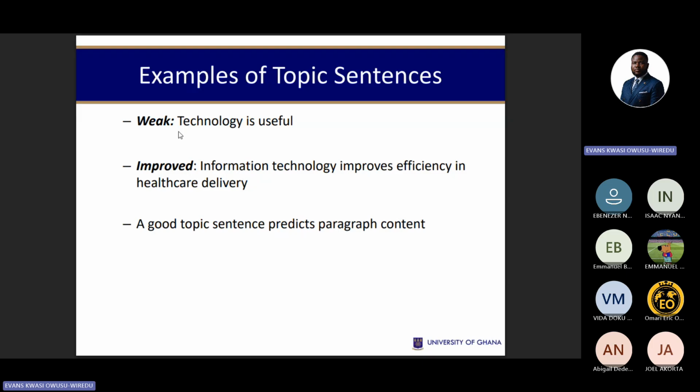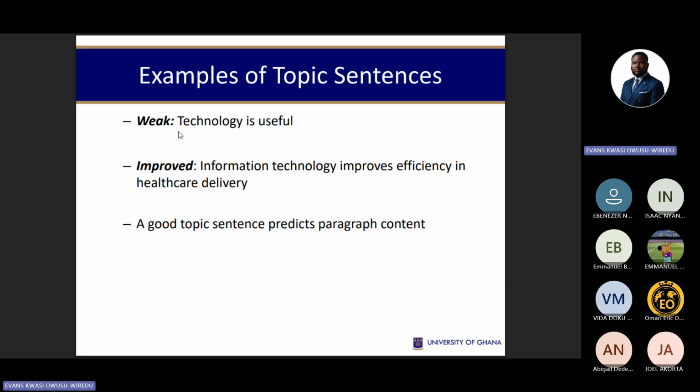Examples of topic sentences, right? We are looking at the examples of topic sentences. So, technology is useful. This topic sentence is not something that we can really elaborate on, since it is not entirely specific, right?